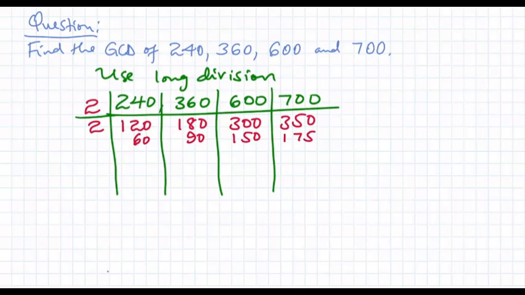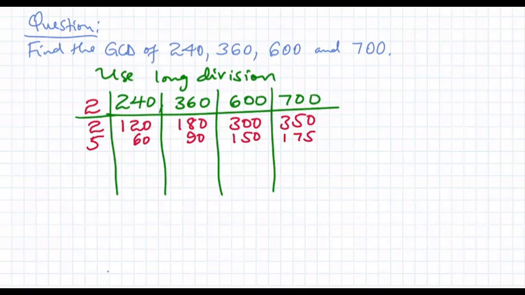If we look at it, 175 cannot be divided by 3, but 60, 90 and 150 can be divided. So we move to the next prime number, which is 5. If you look at all of these numbers, the last digit means they can be divided by 5.